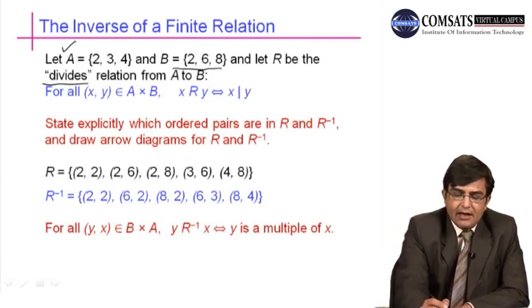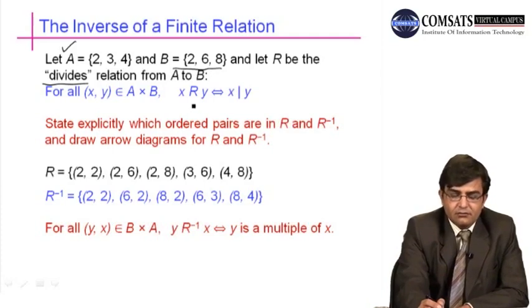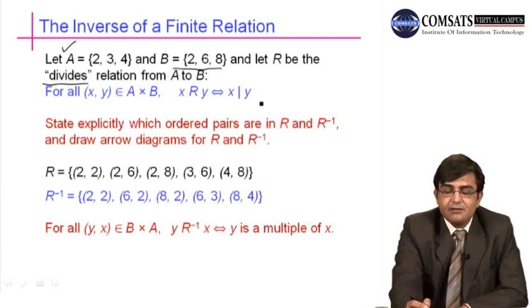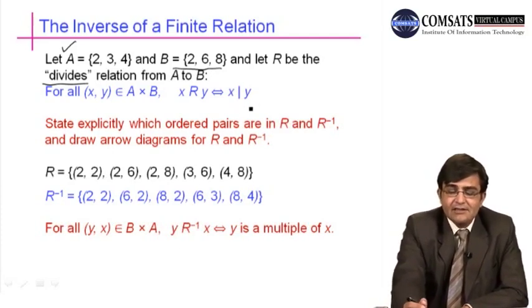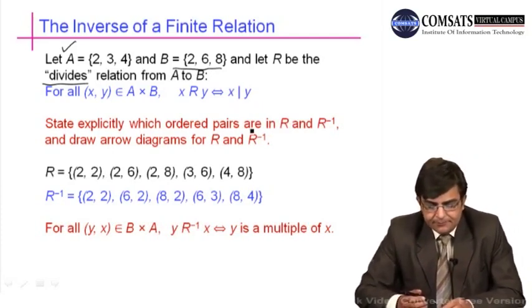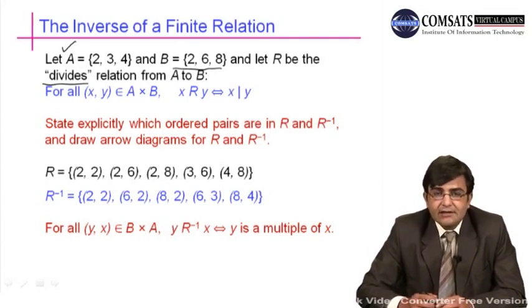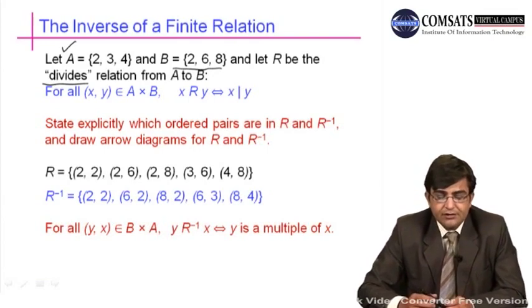Divides means any element x of A is related to any element y of B if and only if x divides y. Then we say that the elements of A are related to elements of B.